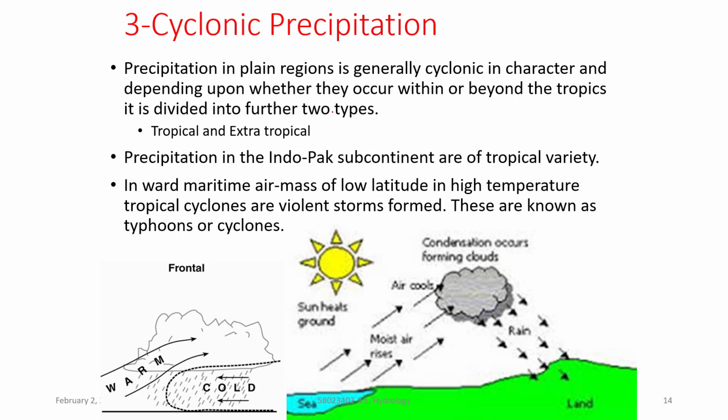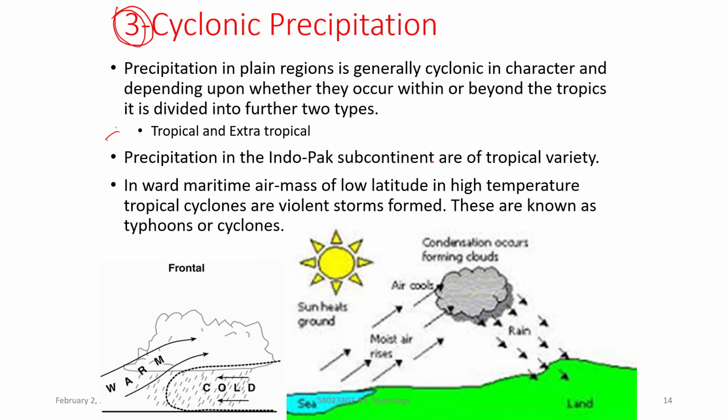Now it's time to study number 3, the third type of precipitation. It is cyclonic precipitation. In plain regions, in places where not too many mountains exist, we usually see this kind of cyclonic precipitation.